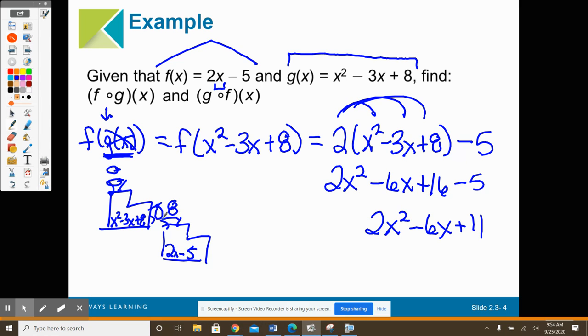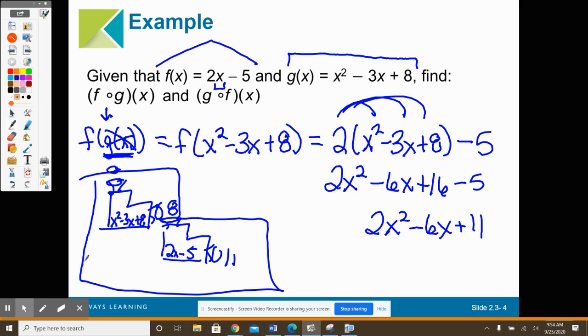If an 8 goes into this machine, 2 times 8 is 16. 16 minus 5 is 11. Well, I said the super rule of this machine could just be 2x squared minus 6x plus 11. If I plug 0 into this rule, will it also shoot out an 11? The answer is yes. So this is the rule that combines those two functions together.